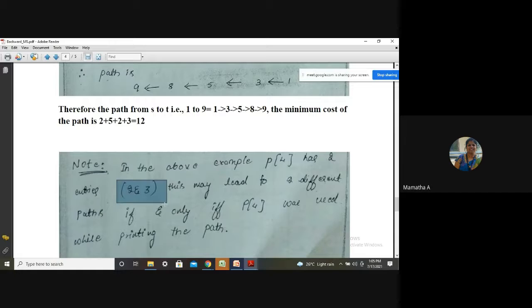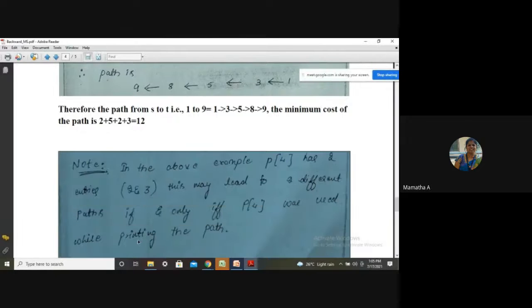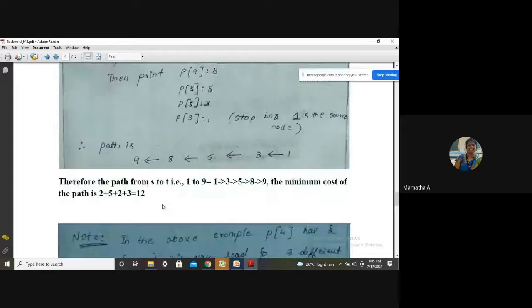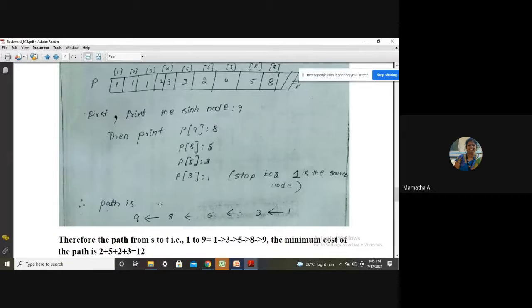So this will lead to two different paths if and only if P4 was used while printing the path. If it is not used, no problem. If it is used, somewhere here P of 4 comes into the picture, then you will have to give two different paths as the answer.